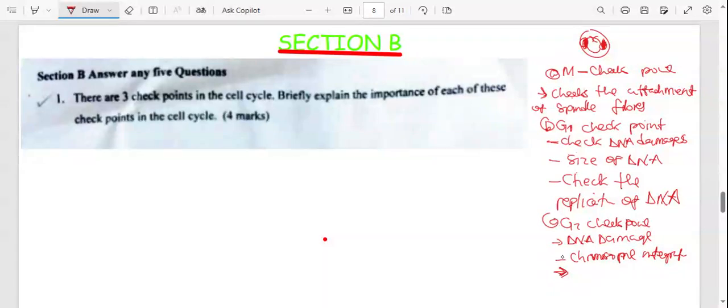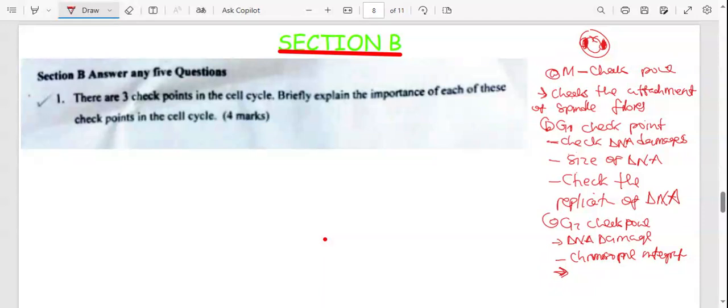So that's one way this G2 checkpoint will play a role in this study. All right, so it is very important for things to be checked before they proceed to another level.